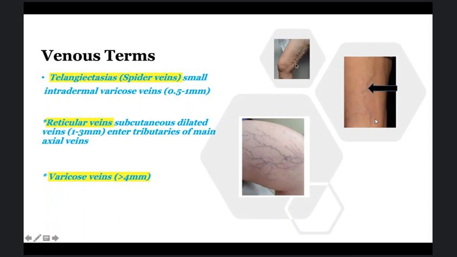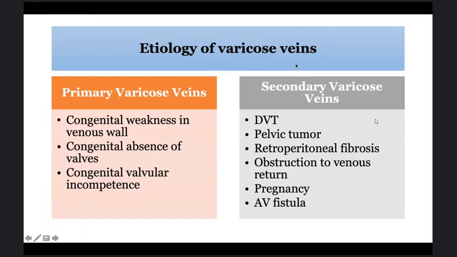Now, varicose veins. Now, what about the etiology of varicose veins? We have two types of varicose veins: primary varicose veins and secondary varicose veins. The most common in clinical practice you will see is the primary varicose veins.